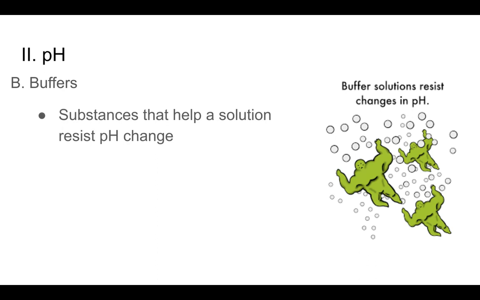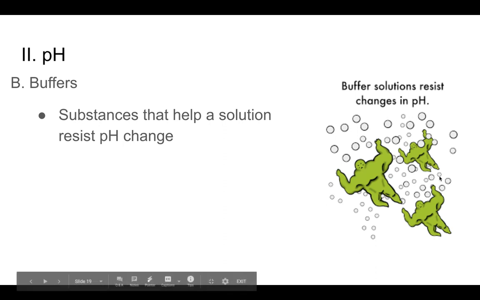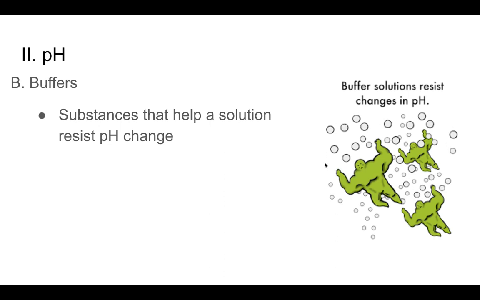Last thing that I want us to talk about is something called a buffer. So a buffer is a substance. Typically, it is a solution that is added to another solution that helps it resist a change in pH. And so this diagram I thought was kind of funny because here are the buffers that have been added to the solution.